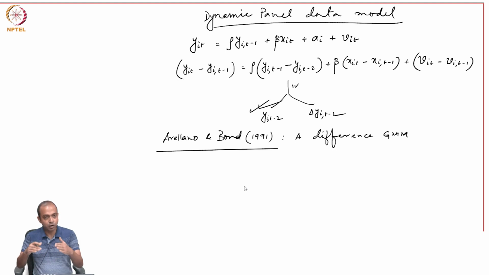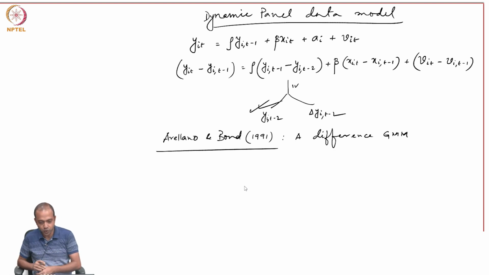Based on this idea of Anderson and Hsiao, we difference the equation and then use lag of level as the instrument for the differenced equation. That is why it is called differenced GMM. And if we take lag of the differenced, that means delta y_i,t-2, and consider both the level equation and the difference equation as a system of equations, that is called a system GMM.